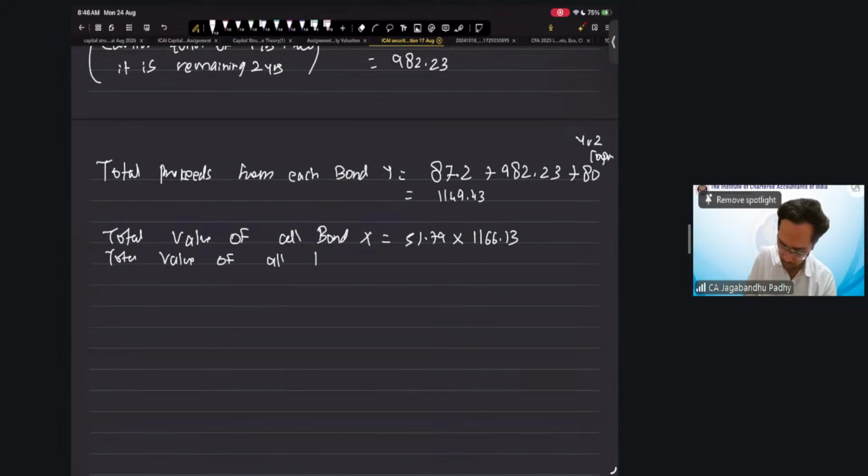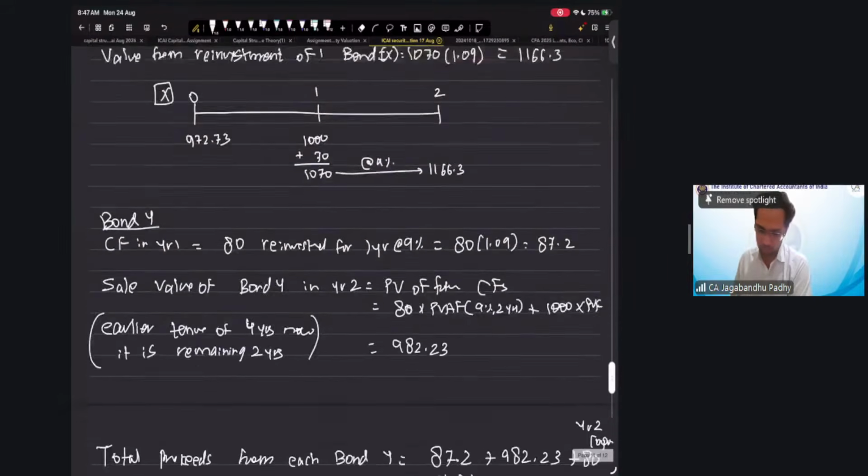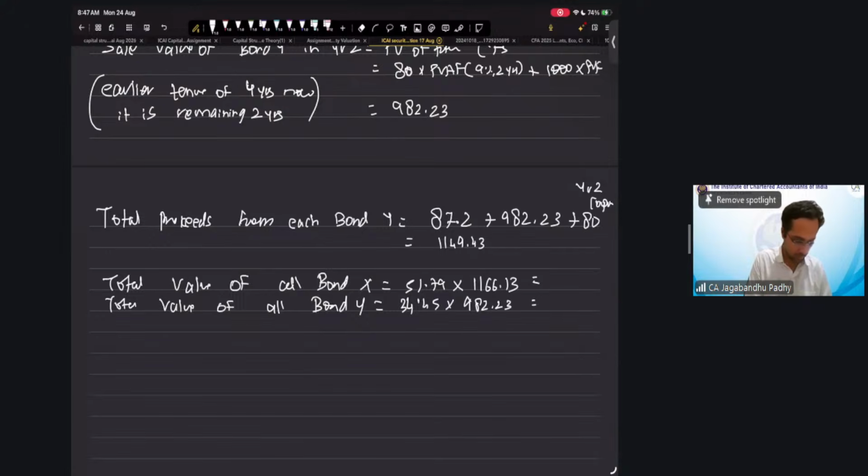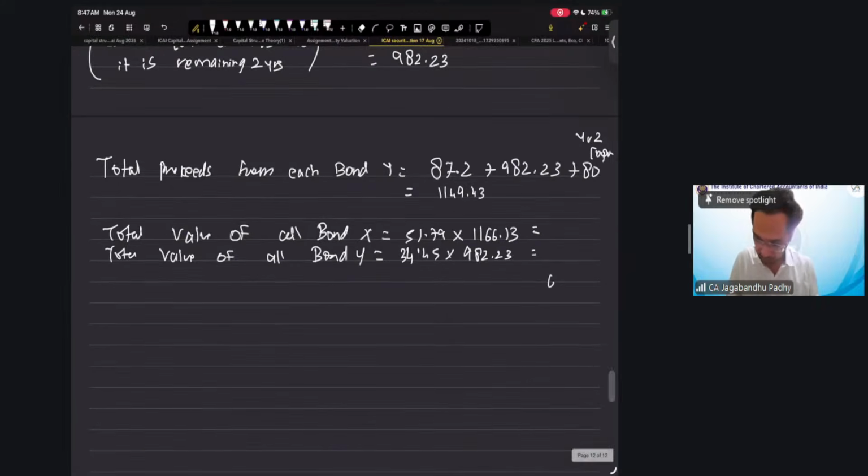That's 34.45 multiplied by 982.23. Let's compute: 51.79 into 1166.13 gives us 60,394, and the other side is 34.45 into 982.23, which is 33,837.